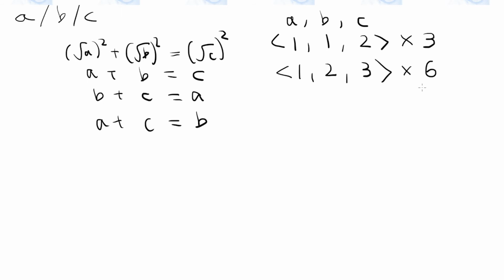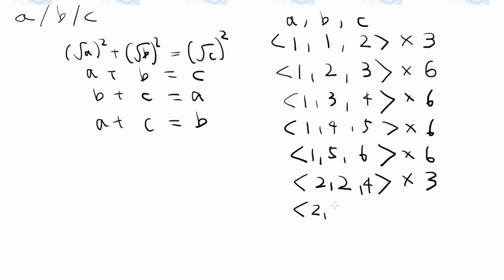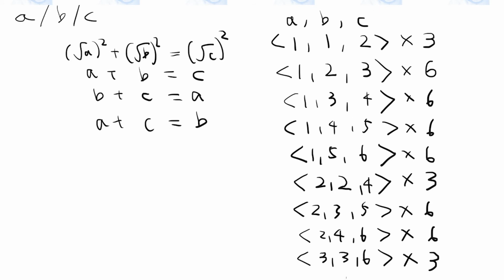And there are 6 permutations of these 3 values. 1, 3, 4. 1, 4, 5. 1, 5, 6. 2. We cannot choose 1, so let's choose 2. We cannot choose 1 or 2, so this is the end.